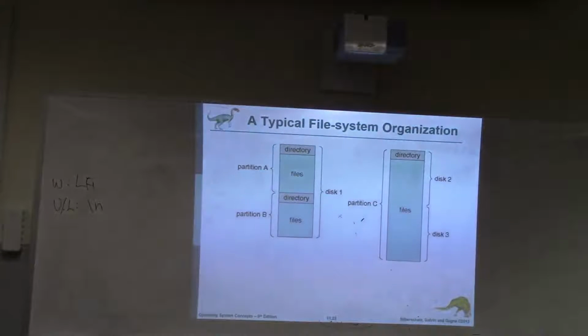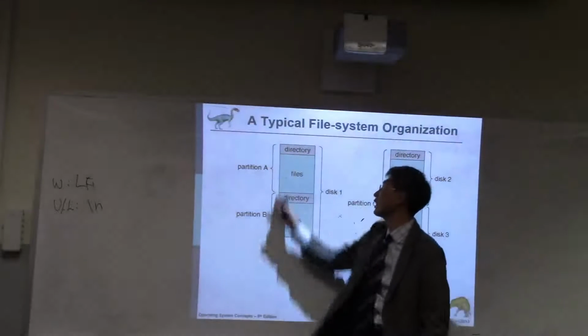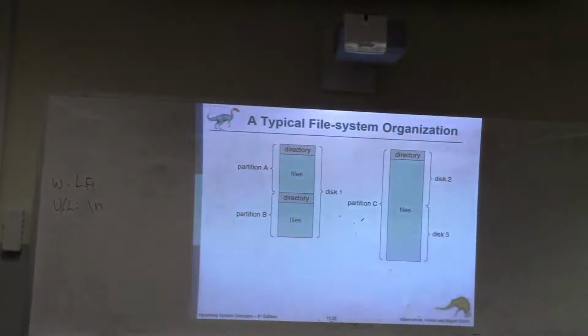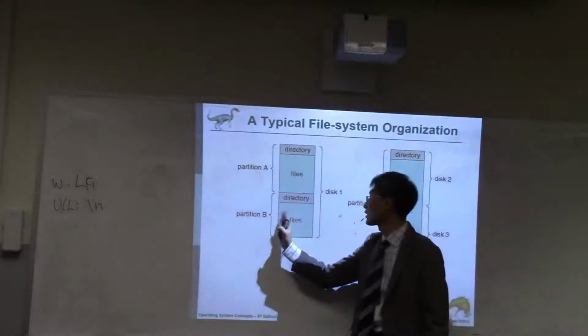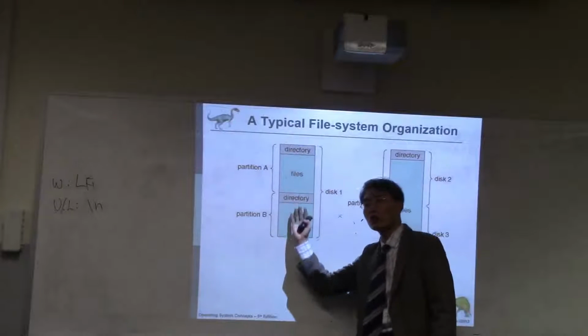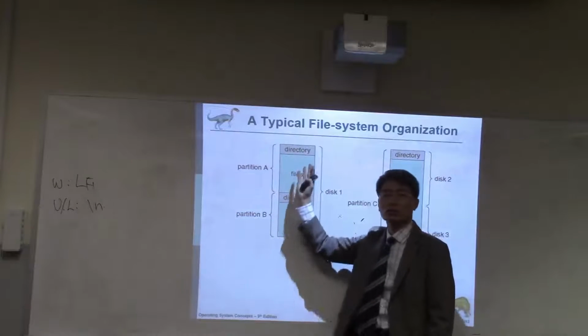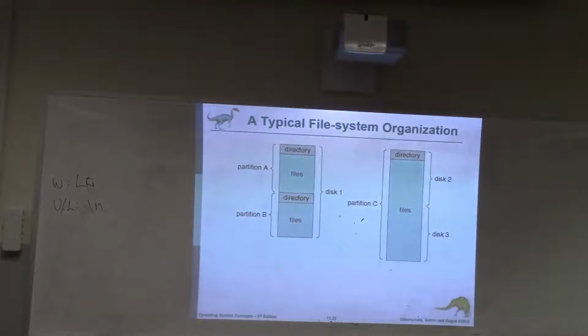This partition is a logical concept, a logical data structure, which means this can be one disk, and you can make several partitions. Even nowadays, you can dynamically change it without removing the files and the directory. You can dynamically increase the partition and reduce the partition size.